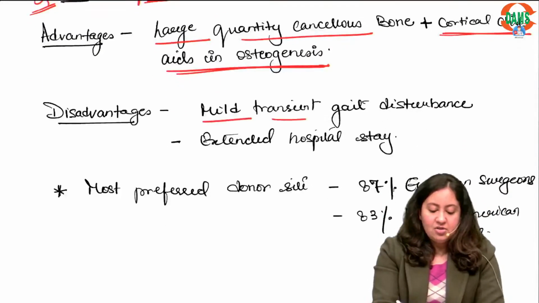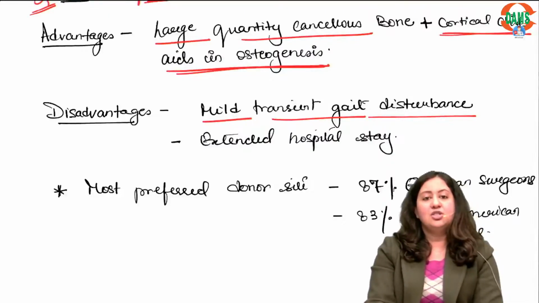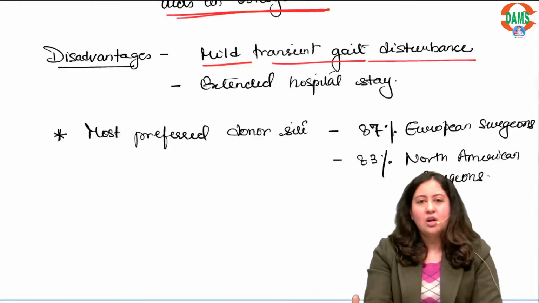Disadvantage: mild transient gait disturbance. So the patient will have a little walking difficulty because you have taken the bone from the anterior iliac crest. The patient will have difficulty in walking for a few days and will walk with a limp.